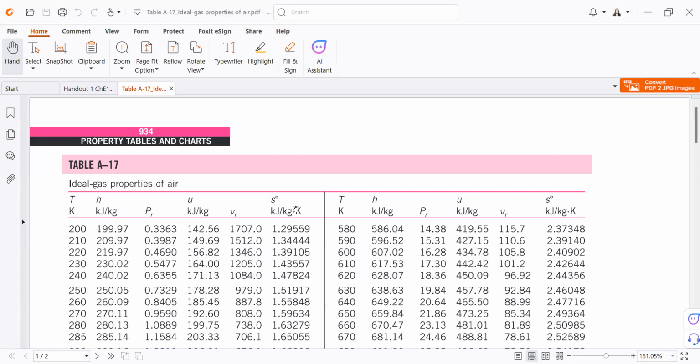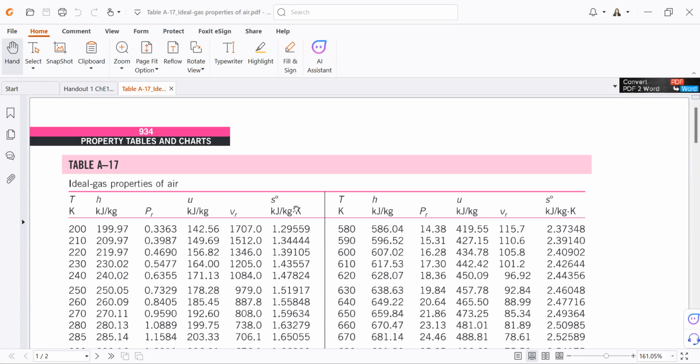Okay, there's also another way to solve the same problem. If we're given the ideal gas property of air table, so in the original solution, we assume that the specific heats are not a function of the temperature.